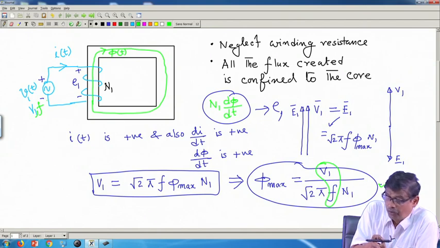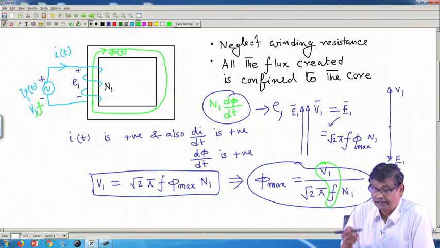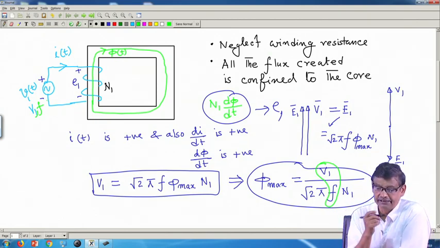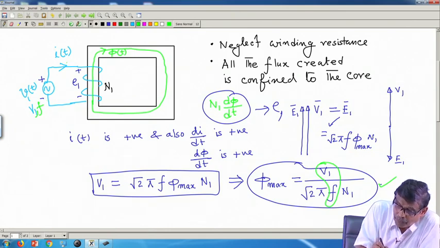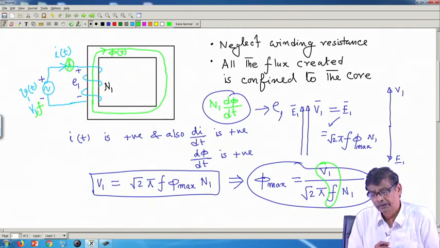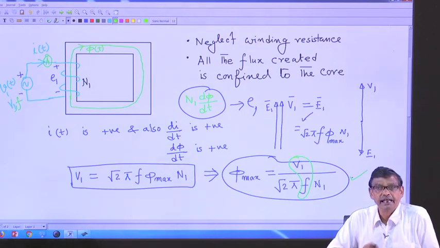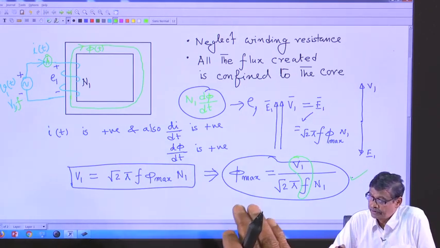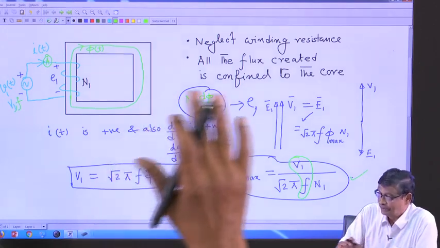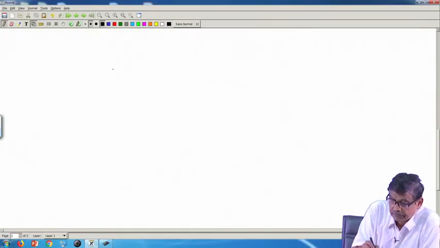Then how do we apply the magnetic circuit problem? The relevant question will be: what will be the current drawn? Suppose you connect an ammeter in series with this line, and the core is a magnetic material which has a BH characteristic, and I want to know the current. Let me draw once again, on a new page.